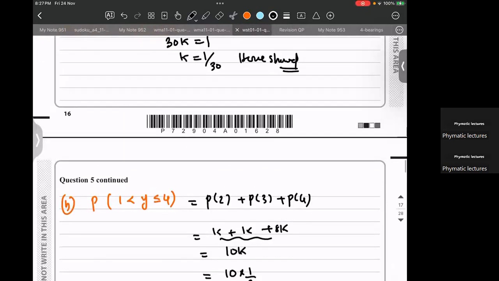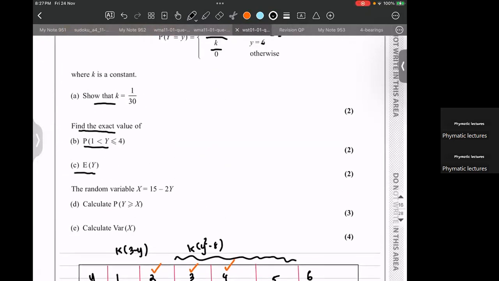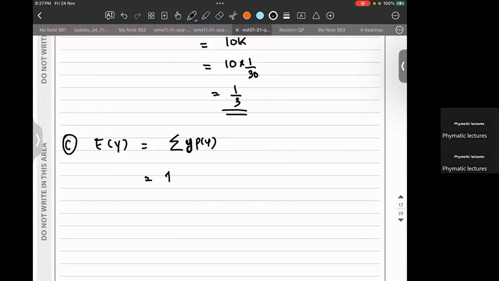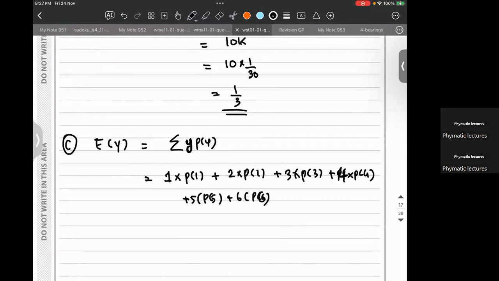Now, move to question C. Expectation of y. What is the equation for expectation or mean? Expectation of y is the summation of y times probability of y. That means 1 times probability of 1 plus 2 times probability of 2 plus 3 times probability of 3 plus 4 times probability of 4 plus 5 times probability of 5 plus 6 times probability of 6.